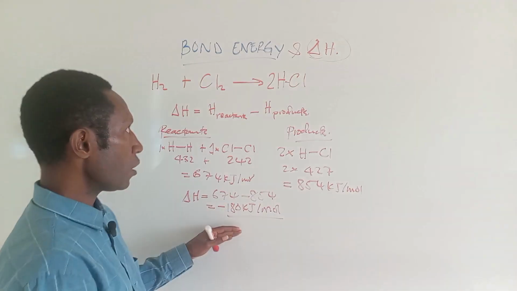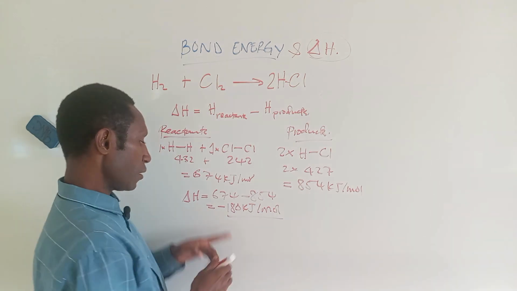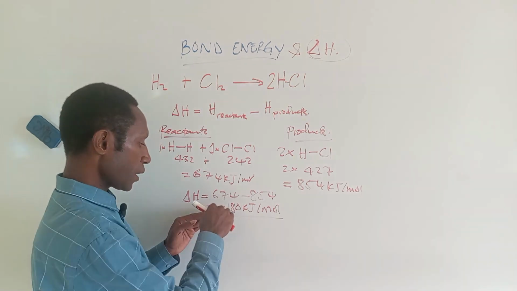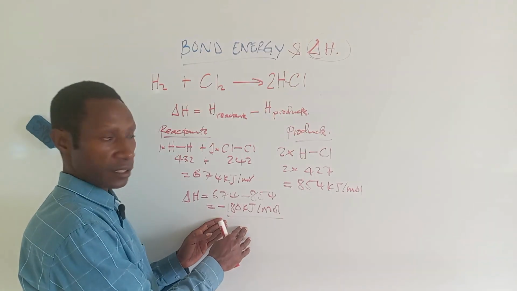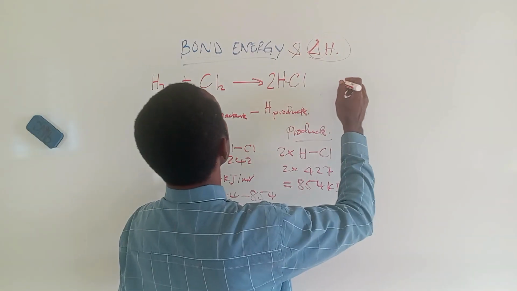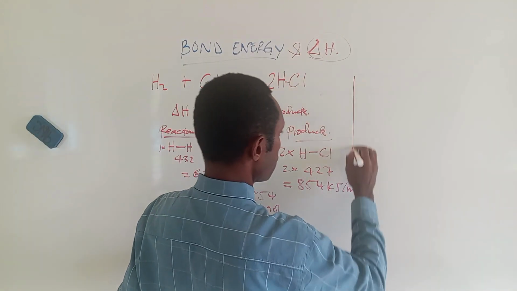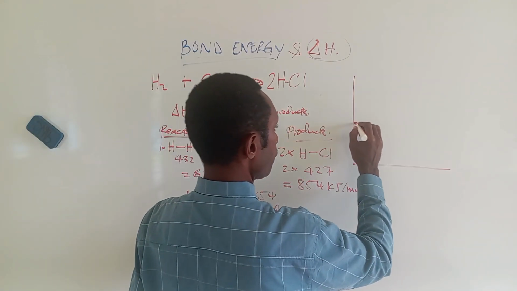Alright, so now what if you are asked to plot the energy profile diagram? To plot it, this one gives us the idea. It's negative, so we know that for an exothermic reaction, the reactants are at the top, the products are below. So when I draw this energy profile diagram, it will be like this.